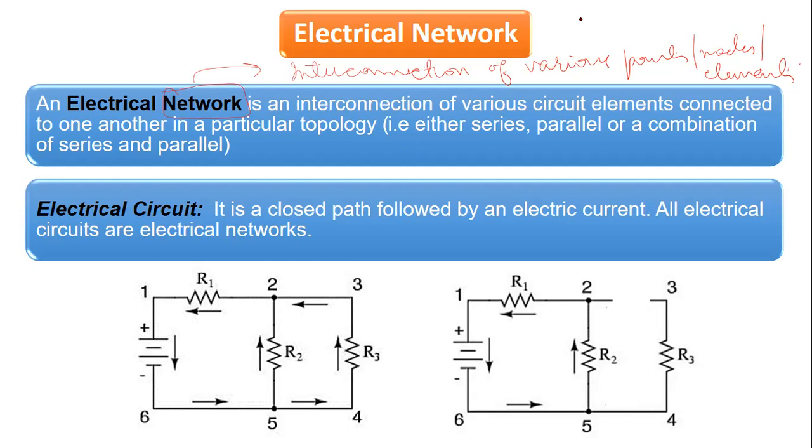In a similar manner, an electrical network is also made up of certain elements. When certain elements are interconnected to one another in a certain topology, when I say topology, I mean that these elements can be connected in series with one another, or connected in parallel to one another.